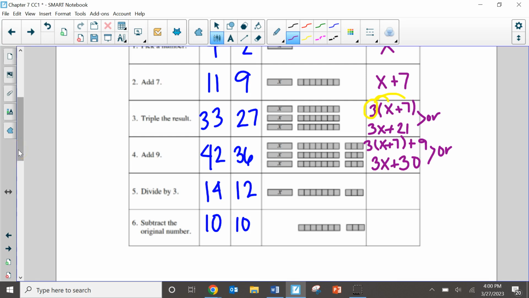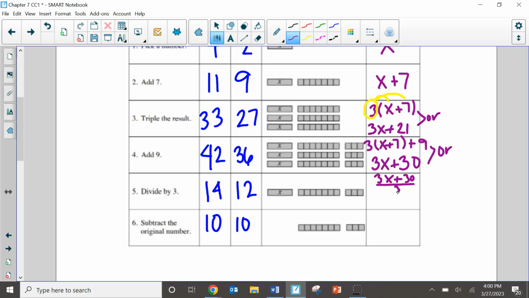And then divide by 3. So I'm just going to use this bottom little simplified expression, and I'm going to divide it by 3. So you could write this as 3x plus 30 divided by 3. Remember that fraction bar means division. And we can actually simplify this expression. We can divide 3x and 30 by 3.